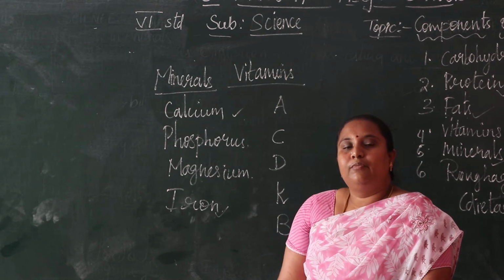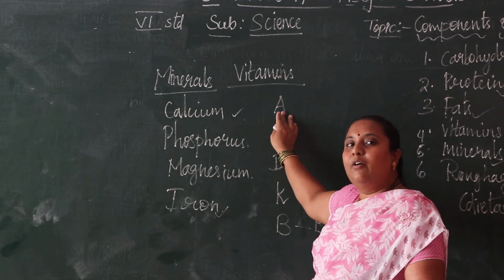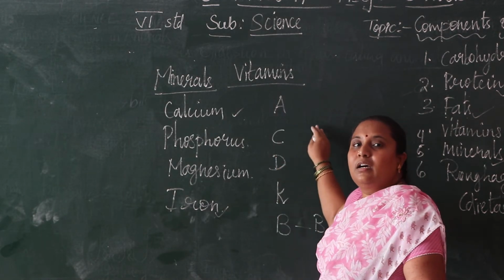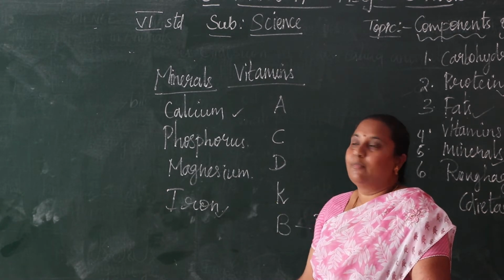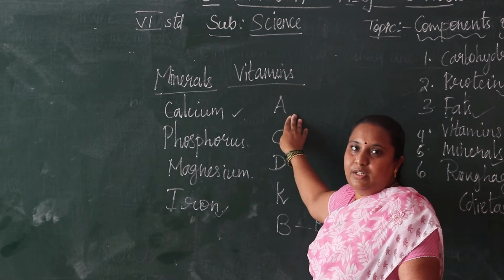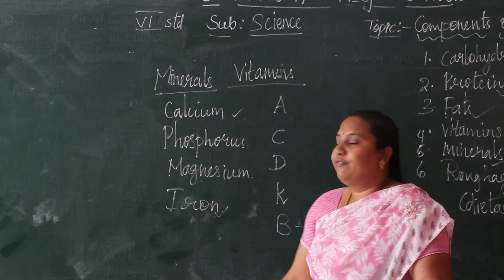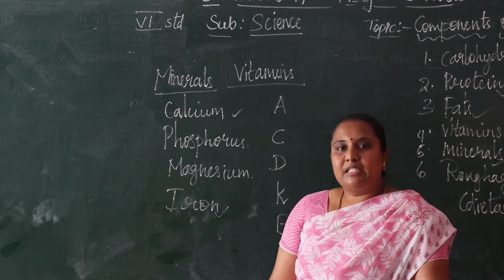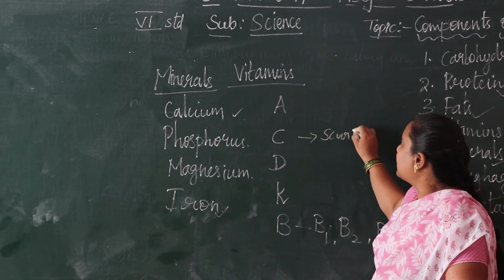Deficiency of vitamin A causes color blindness, the loss of vision, loss of eyesight. Then the loss of vitamin C gives scurvy. The disease name is scurvy.